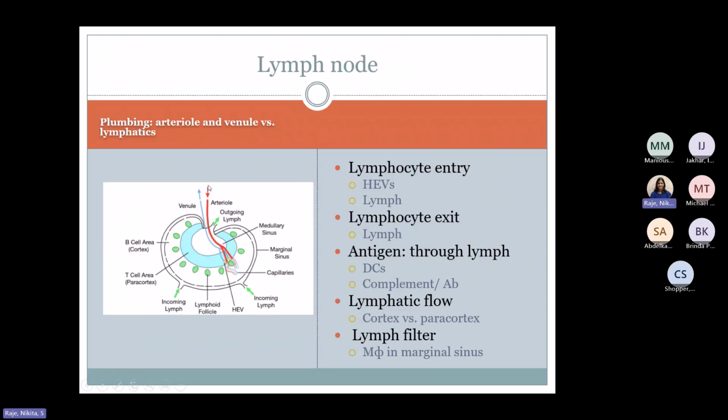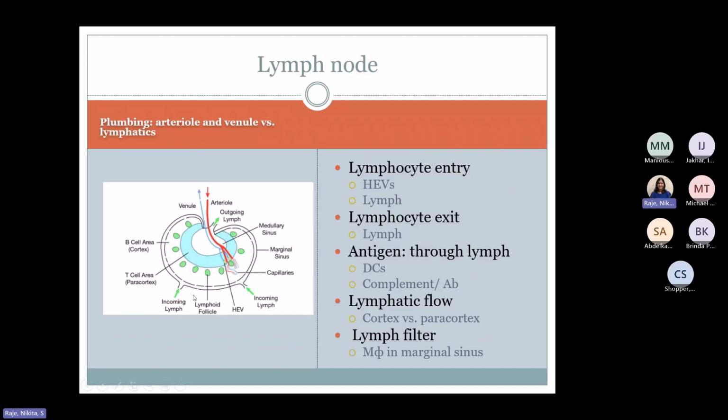It has the arteriole that's bringing in the blood. Then there are capillaries. There you will have the high endothelial venules, and then it turns into a venule and a vein. So the blood is going out. Also, there are incoming lymphatics that are coming into the lymph node. And these lymphatics pour into bigger spaces in the lymph node called sinuses.